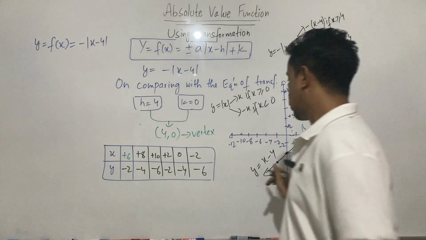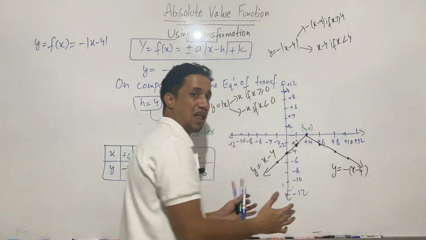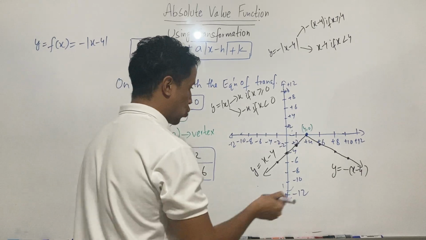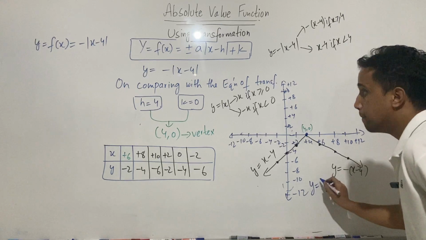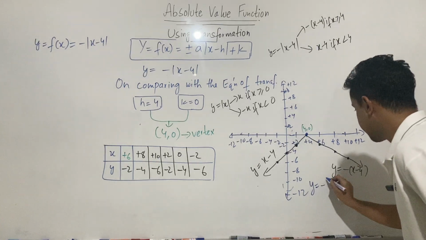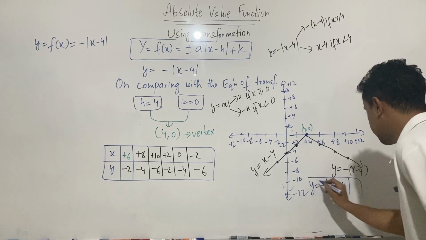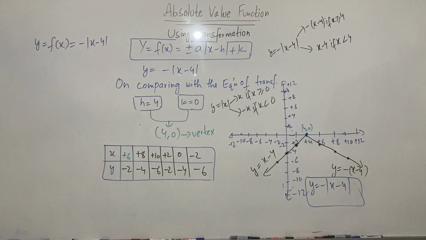When both these lines meet and make a vertex at (4, 0), that is the graph of y equals the negative modulus function of x minus 4. I hope it is clear, right? All right.